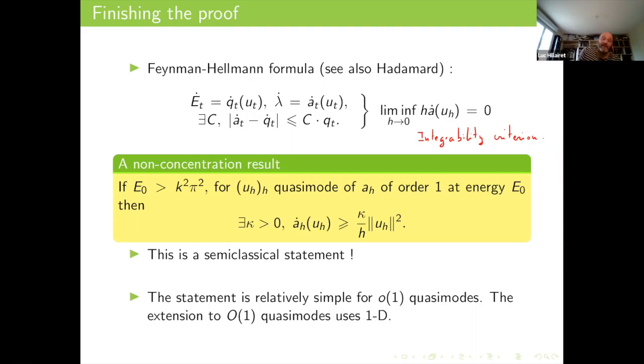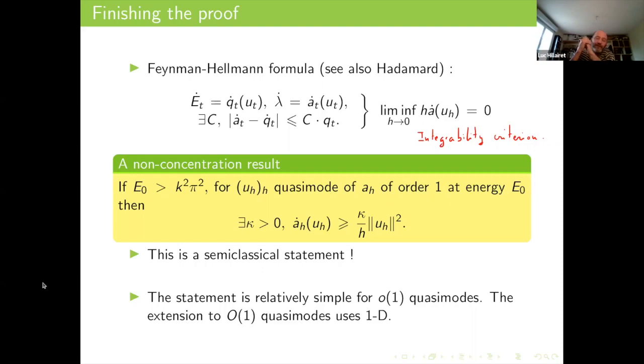This tells you that the function A dot of u t is integrable when t goes to 0. You first prove that E of t converges to E0, and then you study the possible limits.